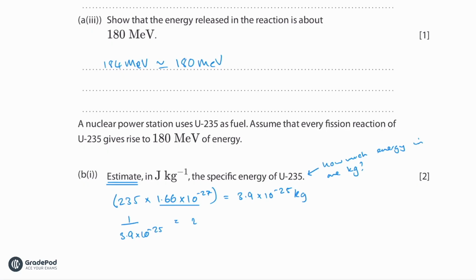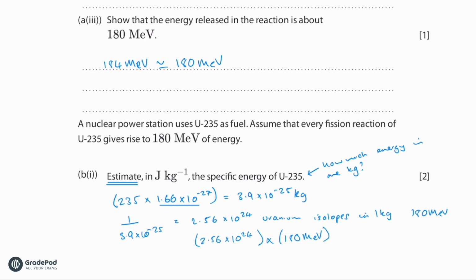There are 2.56 times 10 to the 24 uranium isotopes in 1 kilogram. Each of those uranium isotopes gives out 180 mega electron volts of energy. So the total energy given out in 1 kilogram is 2.56 times 10 to the 24 times 180 mega electron volts.